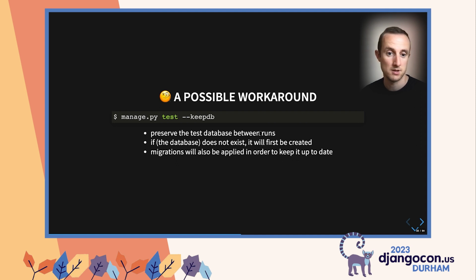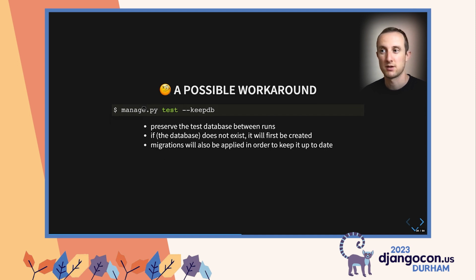If the database, of course, does not exist, then it will first be created, and migrations will also be applied in order to keep it up to date. So that's great. If you add more migrations, they will be applied, and then for subsequent runs of your tests, the database is already there, so it's perfect.